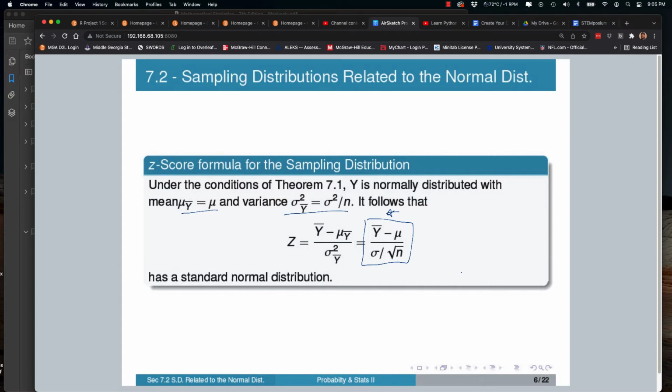Before we start trying to find probabilities using the z-score and learning tables, I want to go through some of these problems. Whether we're finding a probability using a z-score, or finding a quantile or percentile using the z-score, we need to learn to do it a couple of different ways.